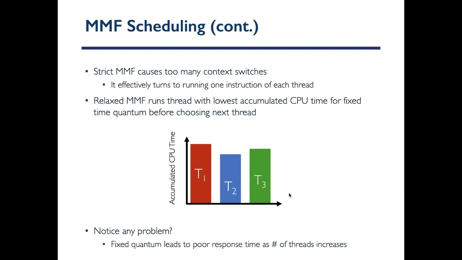It just wants to equalize the amount of time each task is getting. And if you have a lot of tasks, you might have to wait for all the other tasks to have the same amount of CPU as you do, so that you can get another time quantum on the CPU. So it really hurts the response time.